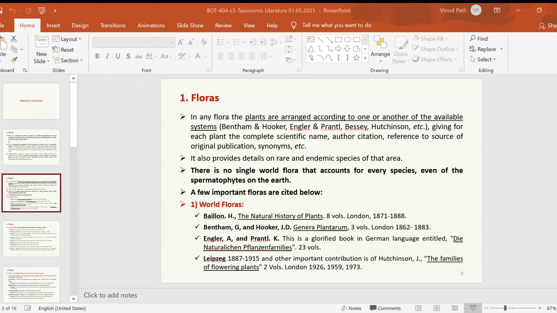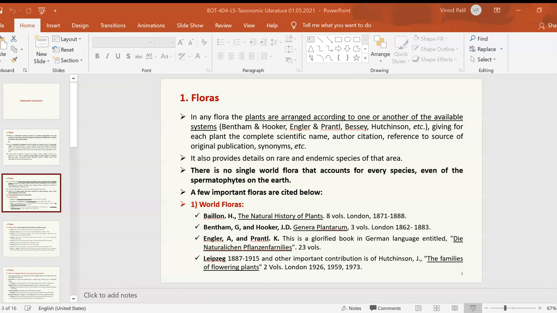And in any flora, so here what does flora mean? It's a book. So in any flora, the plants are arranged according to one or another of the available systems. So we follow the Bentham and Hooker system of classification during the practical hours in the laboratory, because it is the natural system of classification and it is the easiest one. Then the Engler and Prantl.